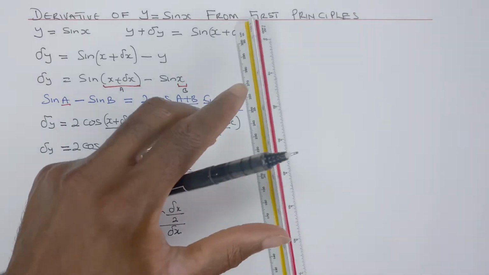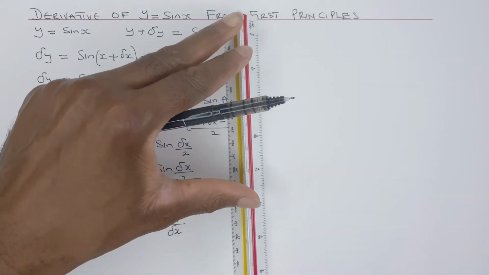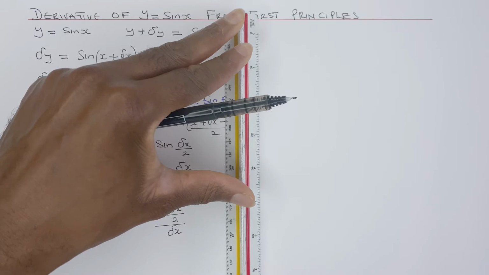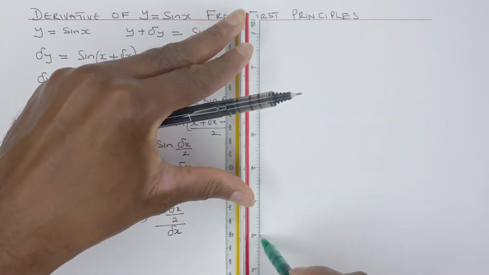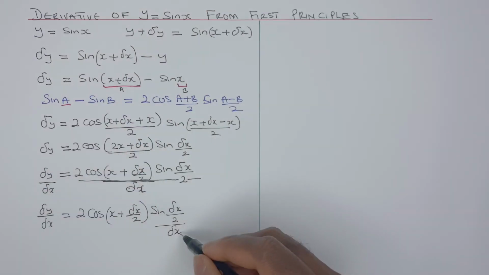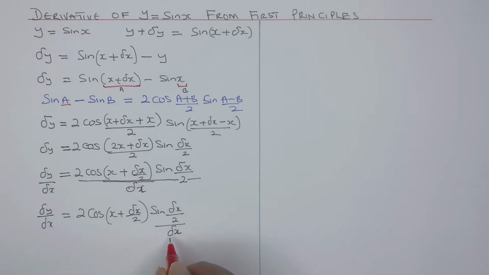I'm just going to draw a line here so that I can continue on the right hand side. If I want to make this delta x over 2 and this one to look like that, if I divide that by 2, then I have to put 2 here. So the 2 cancels, and it's still the delta x.